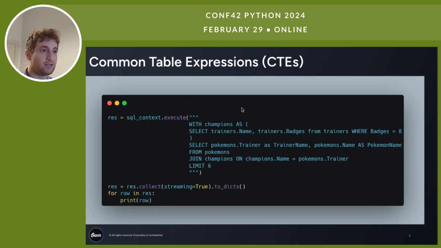As you can see, the query is a bit more complex. So we're using WITH as the keyword in order to create a common table expression. We're going to call our new temporary set champions, and it's going to contain all the trainer names and trainer badges from our trainer dataset that has 8 badges.